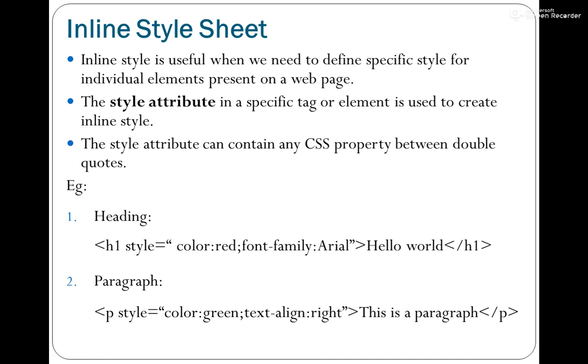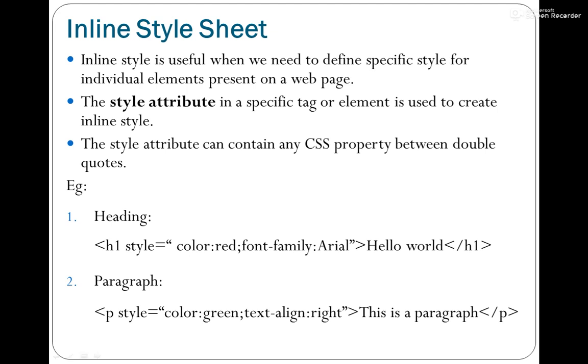So whatever declaration part generally you give in the curly braces of the CSS syntax, same to same you have to type that code into the style value. Only you have to enclose it in double inverted commas. Why? Because there you are using special characters.